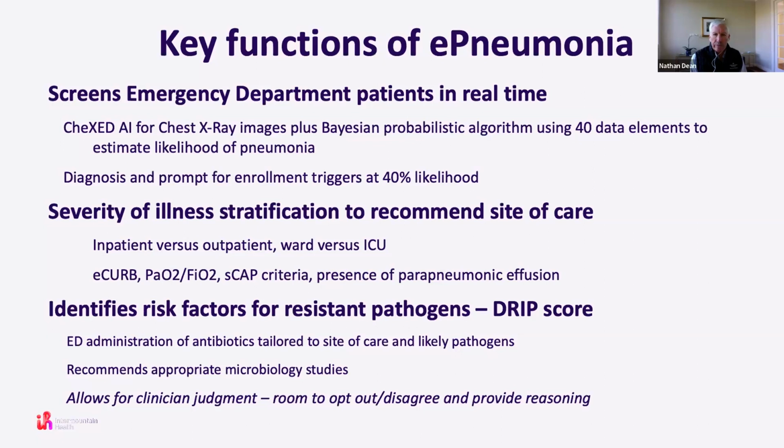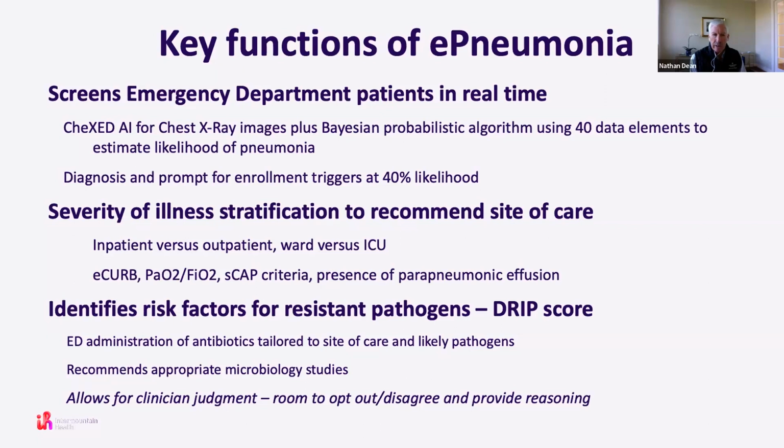So we've been working for years on e-pneumonia clinical decision support, which has a number of key functions that I wanted to describe here. First of all, it screens emergency department patients in real time for whether or not they might have pneumonia.